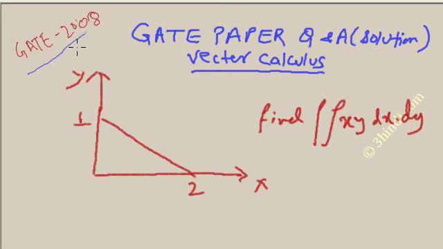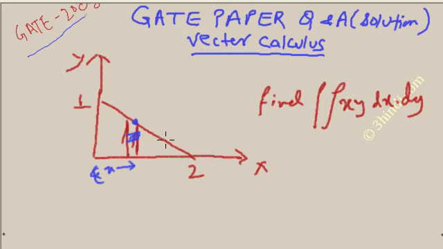This is another question of GATE 2008. This is the shaded area, and for this shaded area you are required to find the double integration of xy dx dy. Suppose I take one strip here, and this is the elementary part. Suppose this is x. For this strip x is constant, y is variable. If you are required to find this point in terms of x, how can you find it?